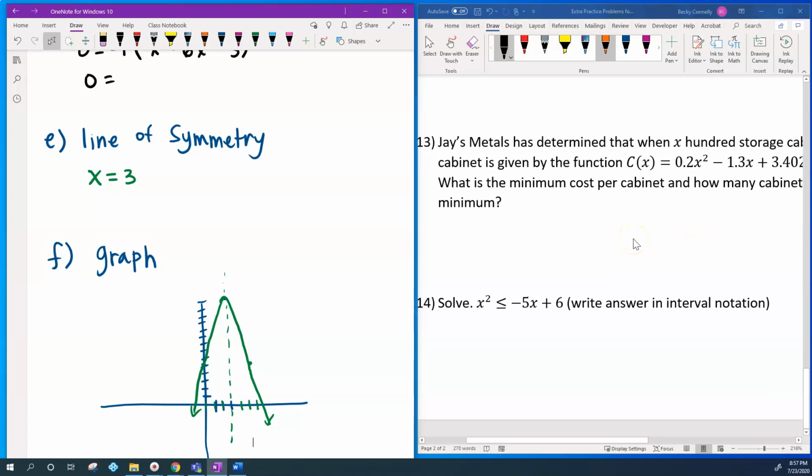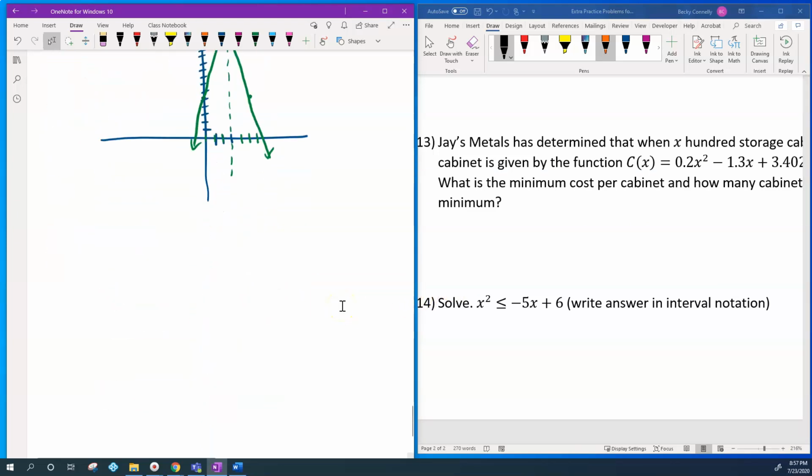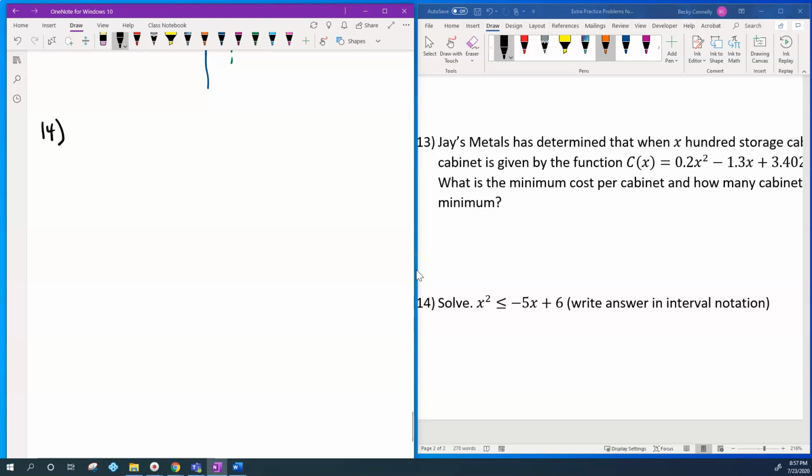All right, let's look at this last one. So number 14, this is solving these quadratic inequalities. So we've got a less than or equal to sign. Sometimes it might be a greater than or equal to sign. But on this one, you want to make sure you get everything over to one side, and I would encourage you to move everything to the left side because it's going to make reading your inequality a lot easier.